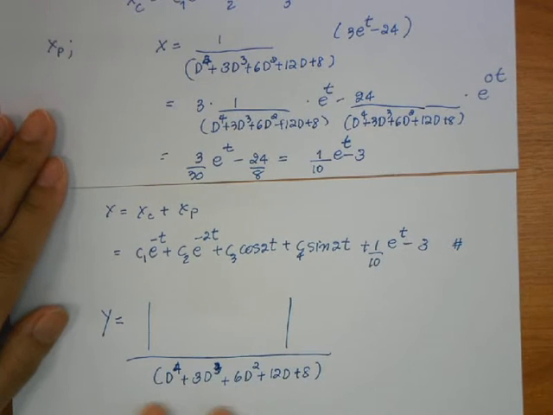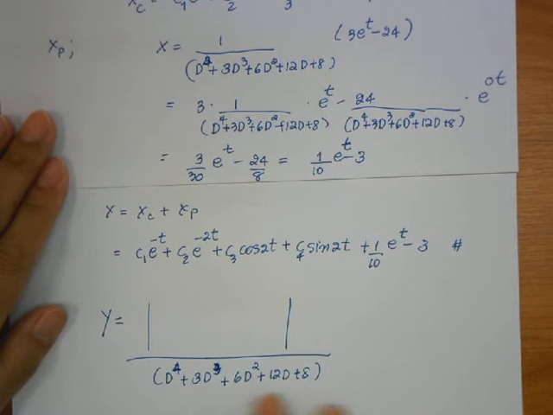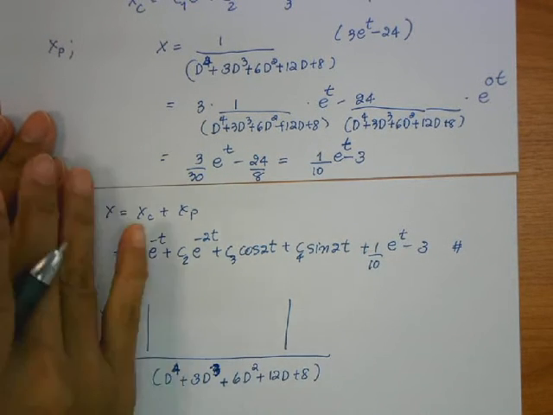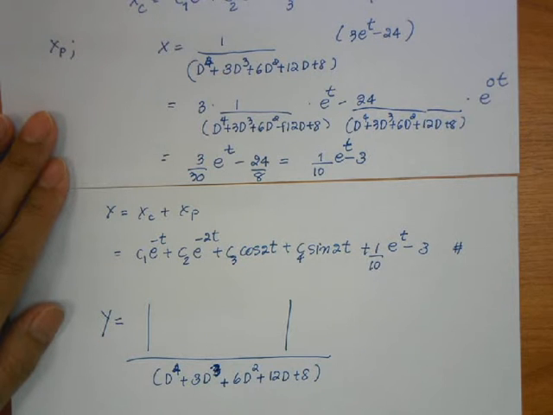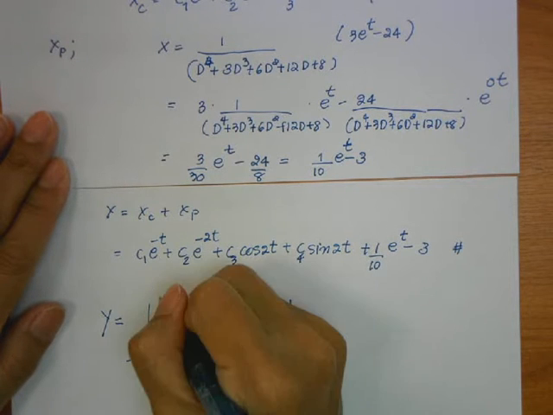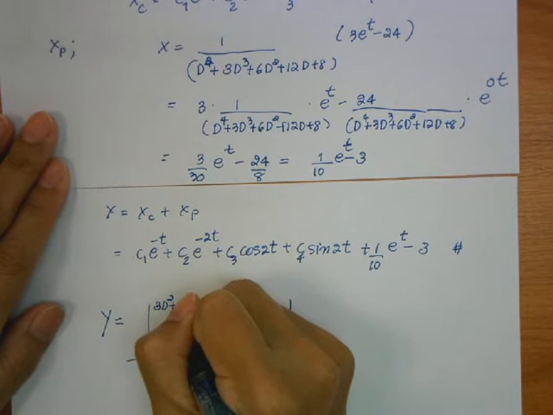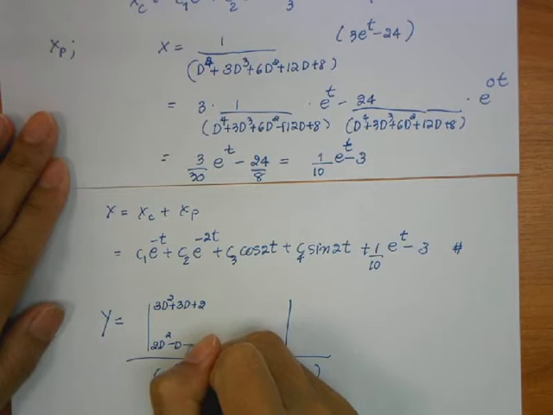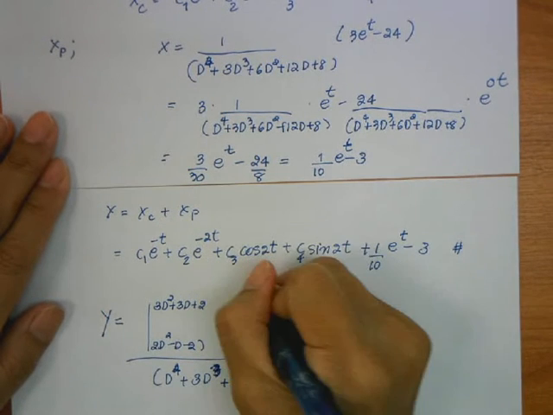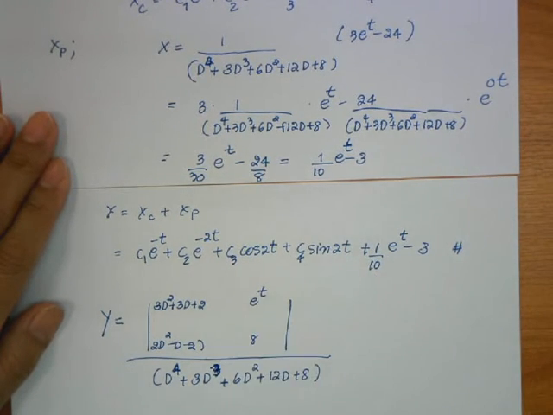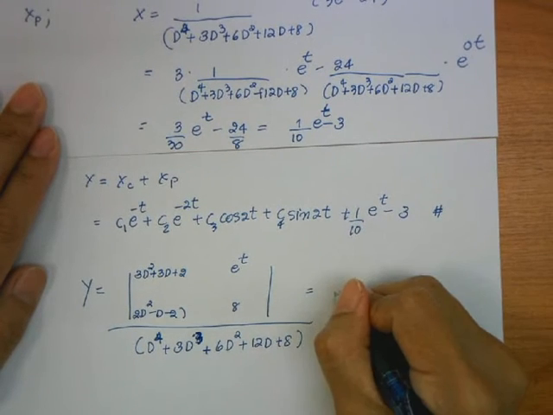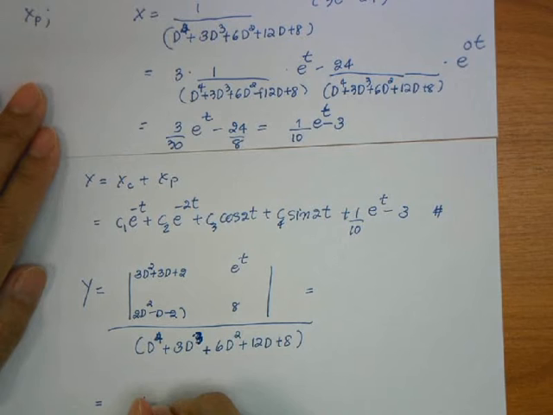You don't need to find the determinant again, okay? Because it's exactly the same as the case of x. There you go. We put the coefficients of x there, and for the coefficients of y, we use the function on the right hand side. And we will get what is up here.